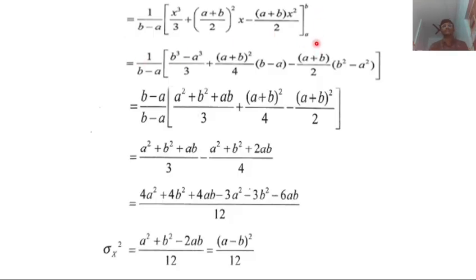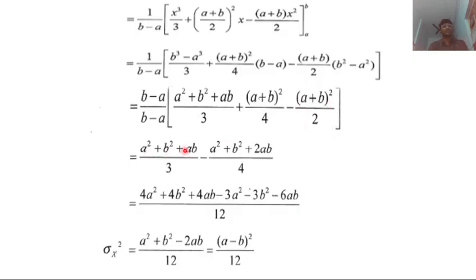By applying the limits, 1 by b minus a into (b cube minus a cube) by 3 plus ((a plus b) whole square by 4) into (b minus a) minus (a plus b) by 2 into (b square minus a square). On further expansion, we get (b minus a) by (b minus a) into (a square plus b square plus ab) by 3 plus (a plus b) whole square by 4 minus (a plus b) whole square by 2.